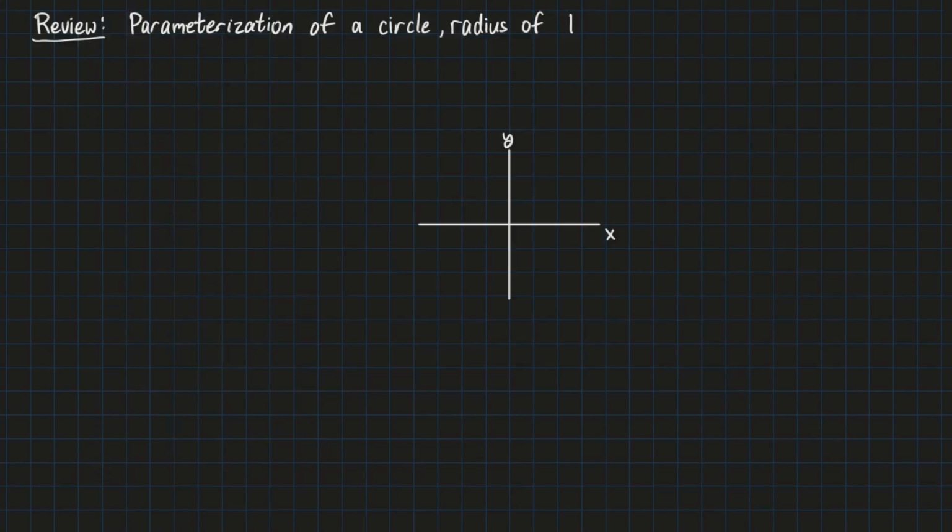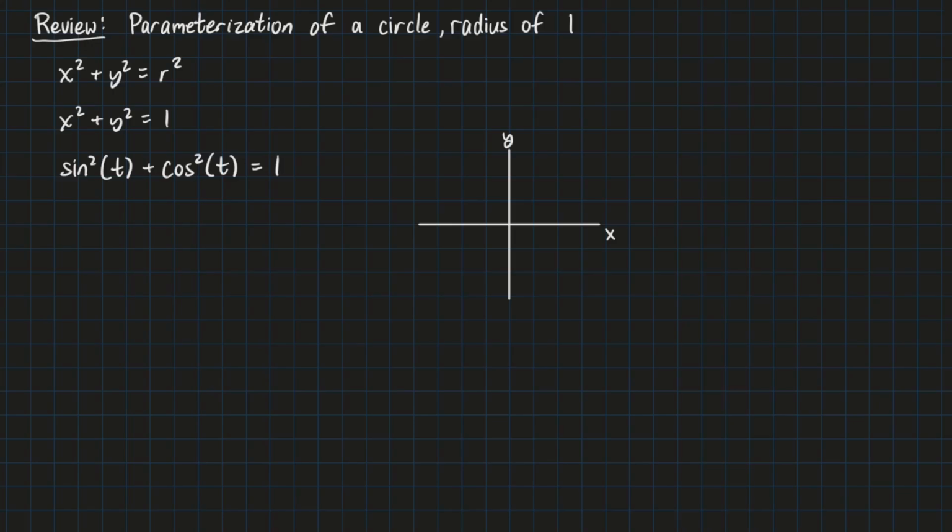Let's review the parameterization of a circle with a radius of 1 in 2 dimensions. So for 2 dimensions, we have a plane, an x-axis, and a y-axis. To form a circle, we have x squared plus y squared equals the radius squared, and the radius is 1. So if we wanted to parameterize it, we would need to use the independent variable t. Remember, sine squared plus cosine squared equals 1.